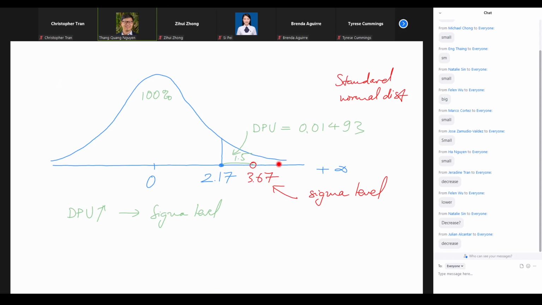For that to be bigger, you have to cut the distribution at the lower point, right? You have to cut it, for example, here, for the triangle, for the DPU to be bigger than before. So the blue point has moved to the left-hand side. And with that, the red point also moved to the left-hand side. So the sigma level actually decreases, right?